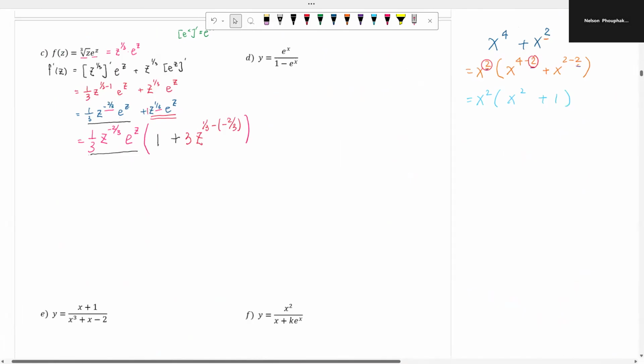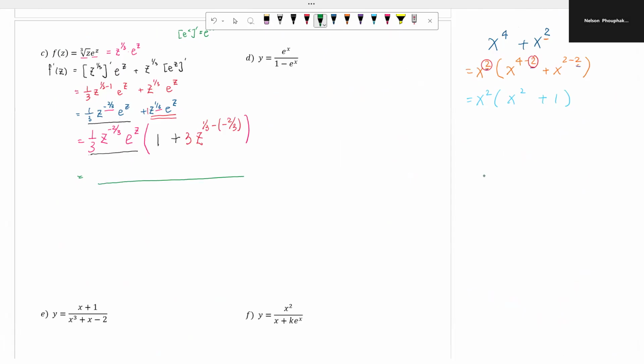Now let's see how I simplify this. Let us work with the fraction. I will have 3 in the denominator, and this one will be z to the power of 2/3. And of course, e to the z is on the top.